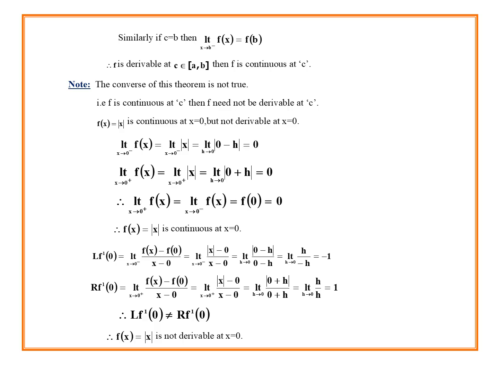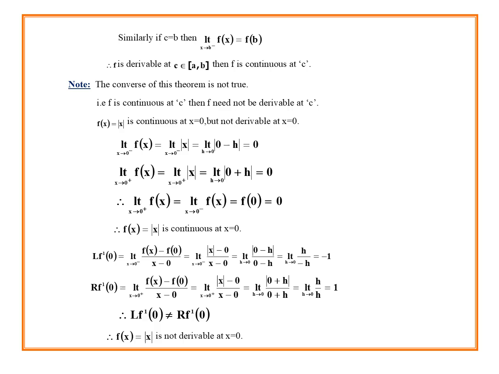Now we are finding the right hand derivative. R f dash 0 is equal to limit x tends to 0 plus of f of x minus f of 0 by x minus 0, that is equal to limit x tends to 0 plus of mod x minus 0 by x minus 0, which is limit h tends to 0 of mod of 0 plus h by 0 plus h, that is equal to limit h tends to 0 of h by h.